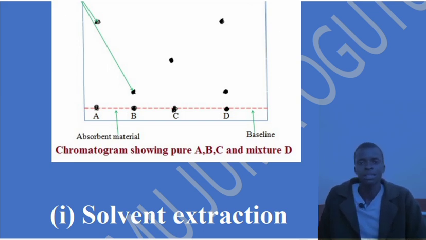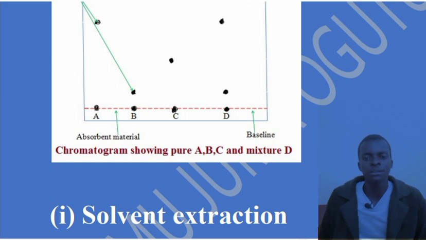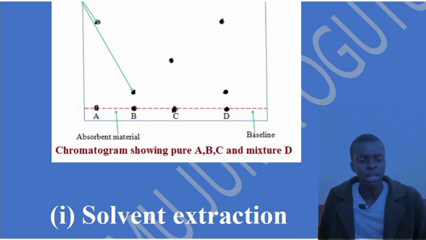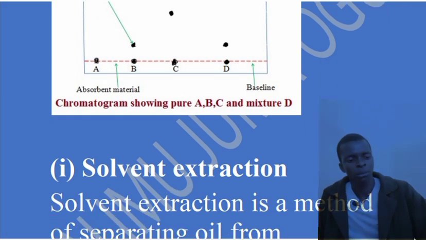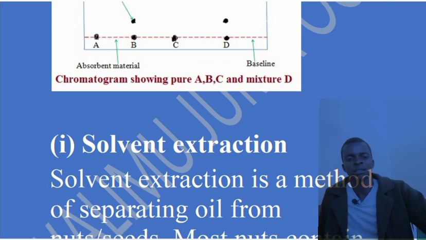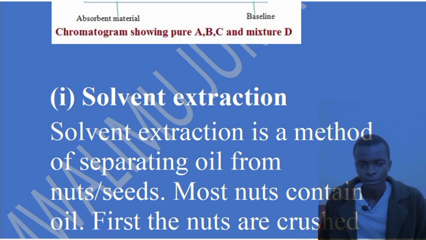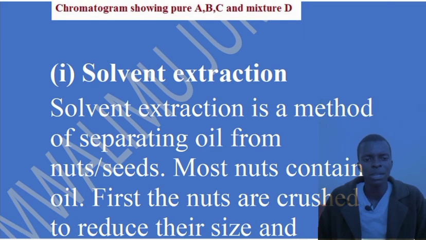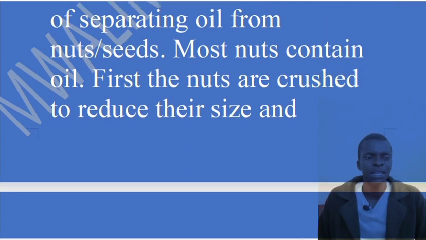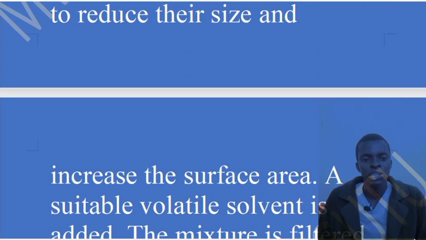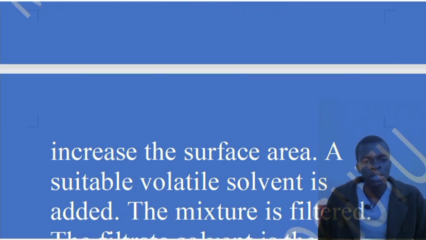Now let's look at an experiment that can be done to extract oil from macadamia nut seeds. Now the procedure: crush the macadamia nut seed from the hard outer cover, then place the inner soft seed into a mortar. We add a little sand to assist in crushing.